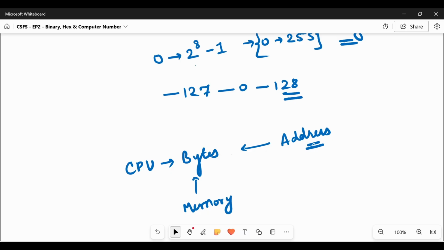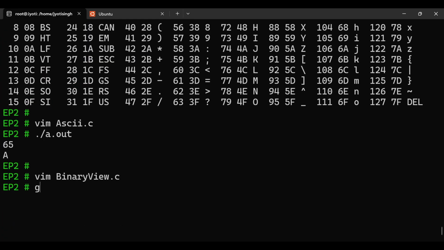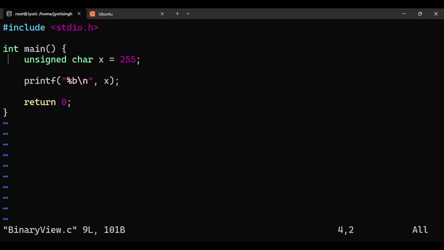Okay. Now let us see one program to see the binary nature of our number system. So we have one character, unsigned char, that is 255, and we have just printed the binary representation of this value. So it is a binary view. All the programs we are using in our episodes will be present on our GitHub page. You can check them out from there as well. So the binary representation for 255 is all 1s.